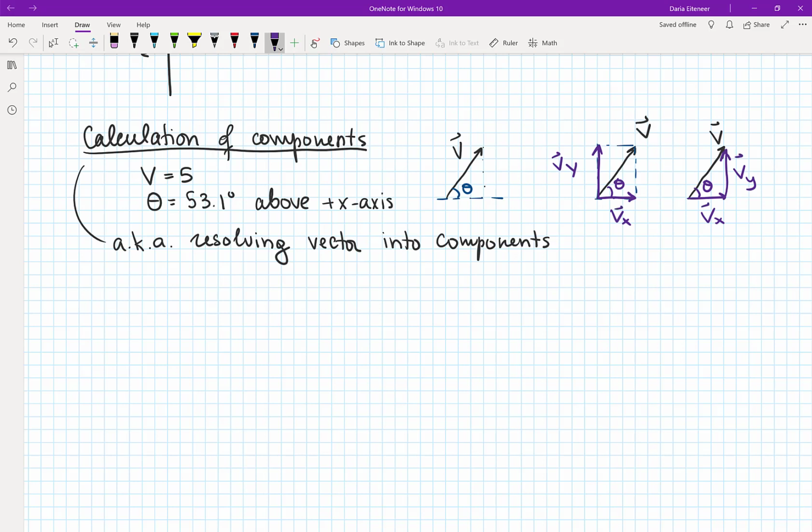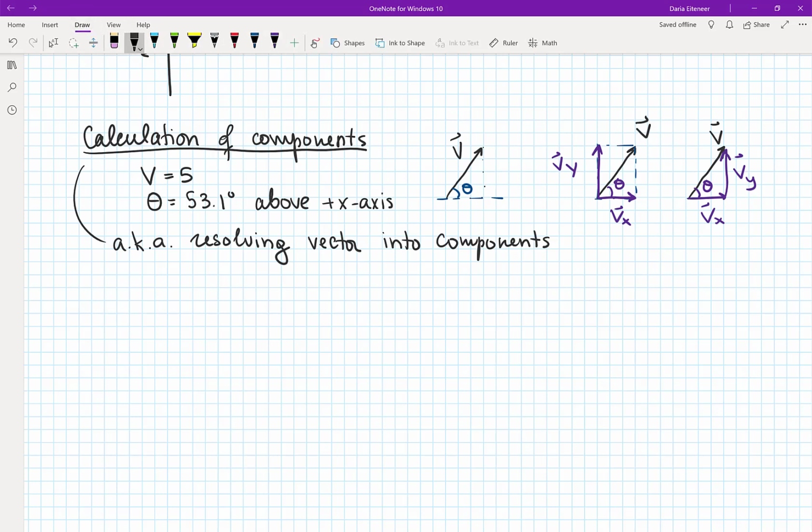Both types of drawings have their benefits. For now, while we're just dealing with vectors, it's probably easier to draw triangles. But when we start applying these vectors to something like force addition, then drawing that rectangle where the components are the two sides is a little bit more beneficial. And you'll see why when we get to that.